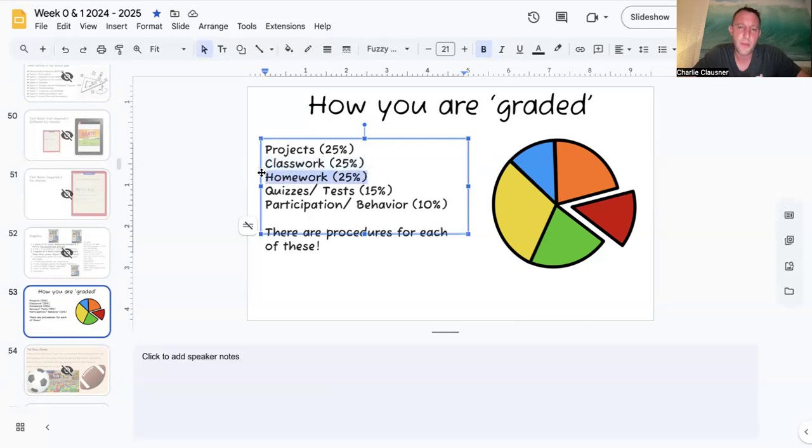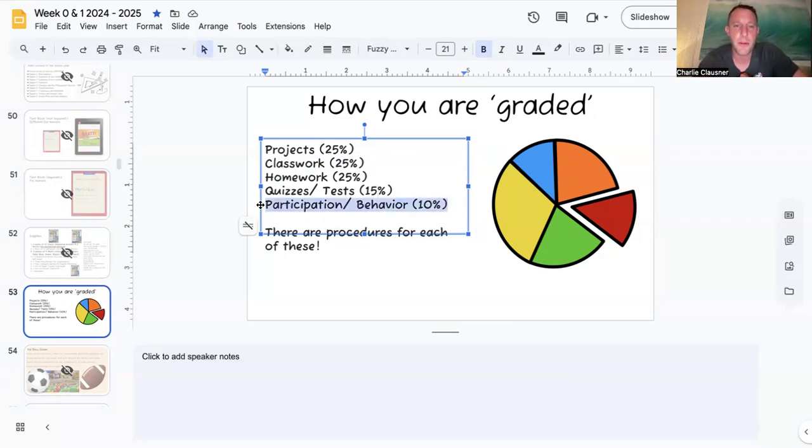Homework, I do take 25%. The second lowest is quizzes and tests. My tests, I do pop quiz them every now and then just so that they're on it. But I have those big tests that I give out so that they can practice high stress testing as well as just prove to me that they know what they should know at certain checkpoints.